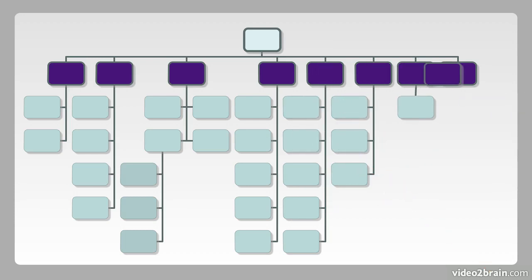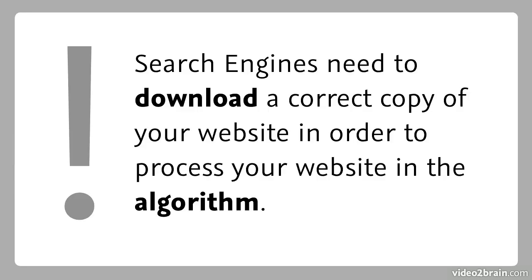And one by one, they download pages off of a website until they have downloaded a complete copy of that website. And that's what the search engines use to run the ranking algorithm against, and that's what shows up in the search engine results page. So what is happening is, and this is critical to understand, the search engines need to download a copy of your website.